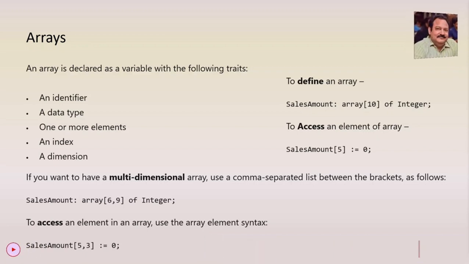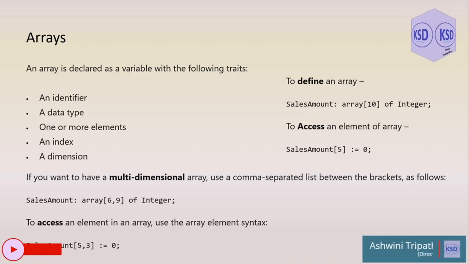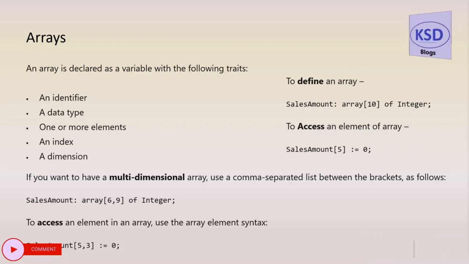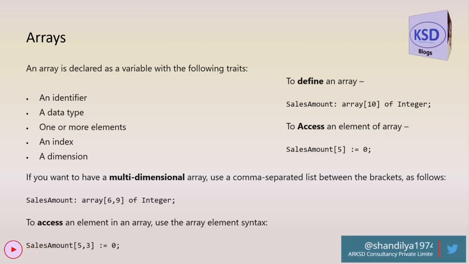An array is declared as a variable with the following traits: it should have an identifier, a data type, one or more elements, an index, and a dimension.